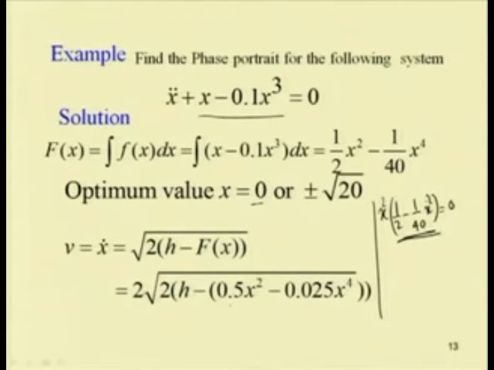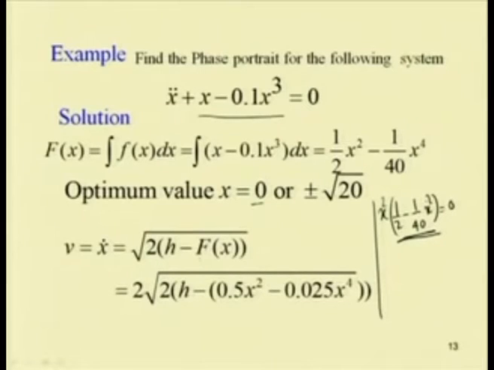So, when this F(x) is less than this h, we can have two values, and when it is greater than that, there will be no flow in the system, because this term will be imaginary. So, we can have flow or velocity only when h is greater than F(x).